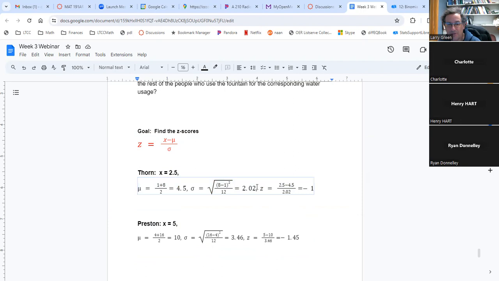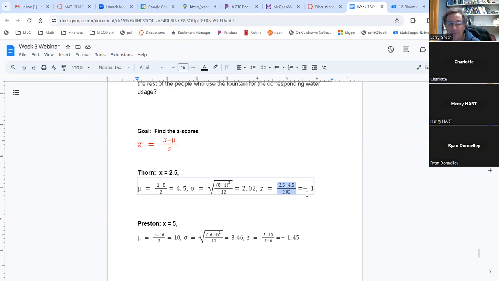Any questions so far? So the z-score for Thorne was x, which is 2.5, minus mu, which was 4.5, divided by the standard deviation, which is 2.02. I put that in my calculator, and I got just around -1, at least to a couple decimal places.